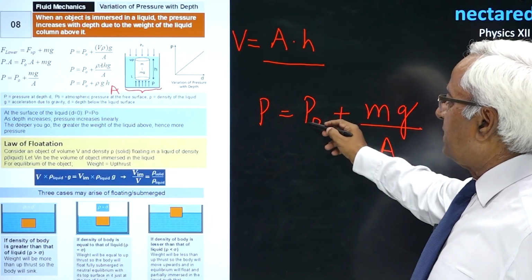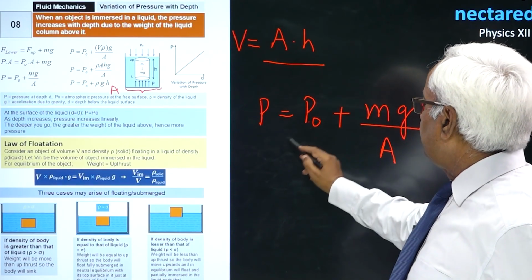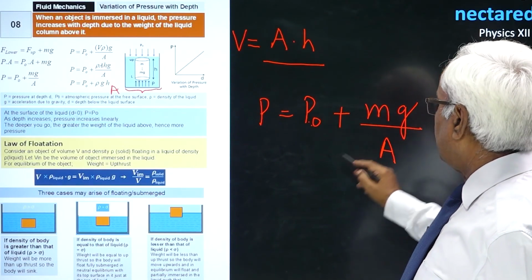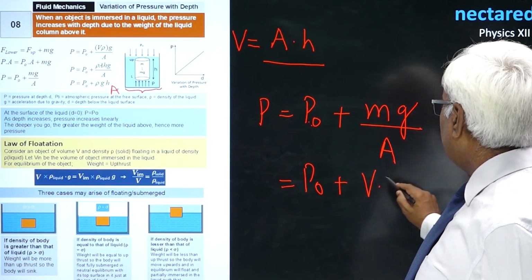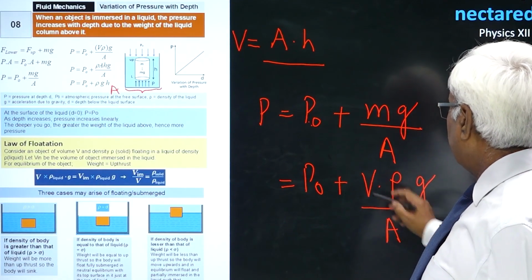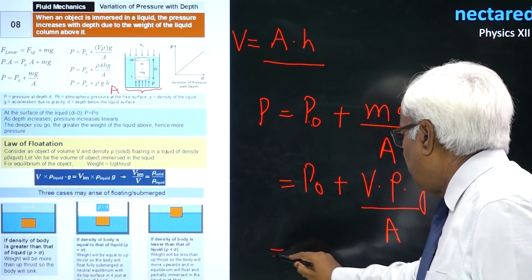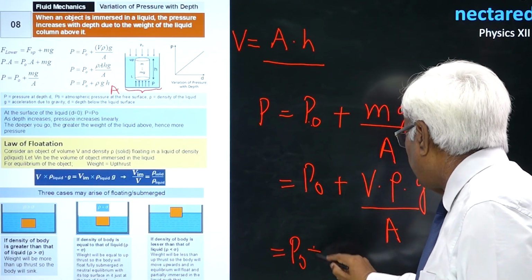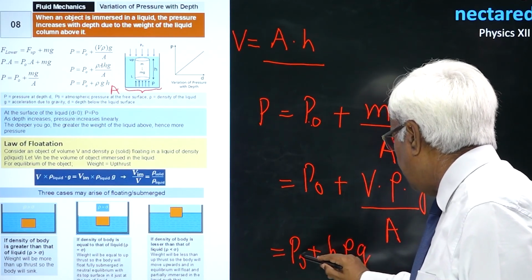So it could be written as P0 plus mg upon A, and for this m we could write V rho g upon A. You see, V upon A is going to be H. So this finally becomes P0 plus H rho g.